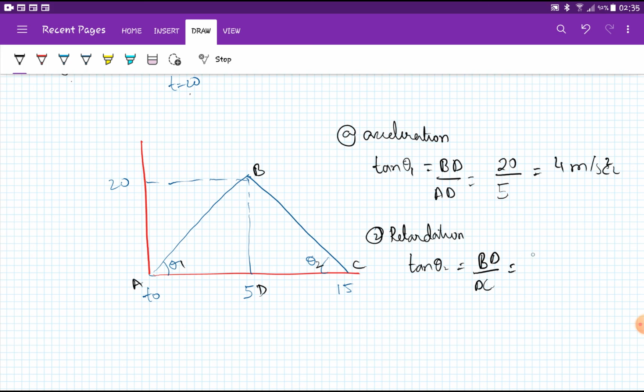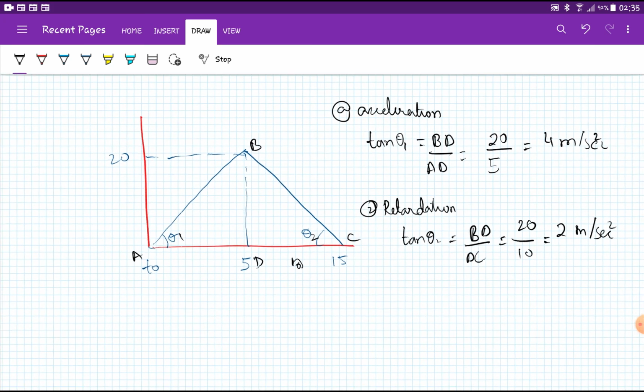We already know BD, that is 20, and for DC we can't take 15 here, we have to find only this value, that is total 15 minus 5, which is 10. So 20 by 10 is equal to 2 meter per second square. By using this method you can find both acceleration and retardation.